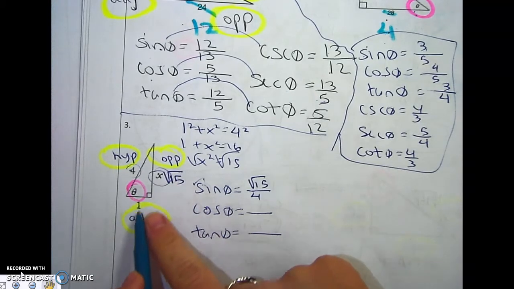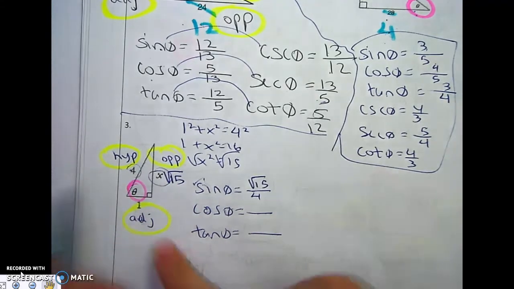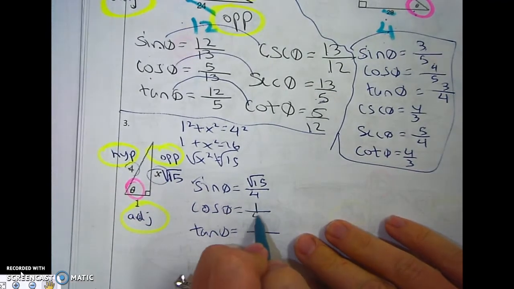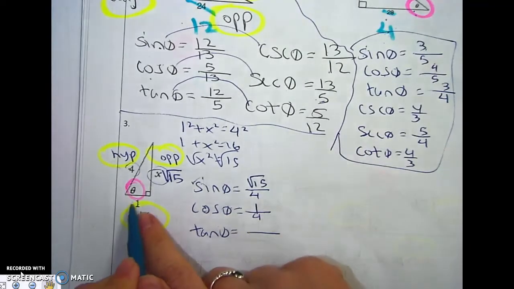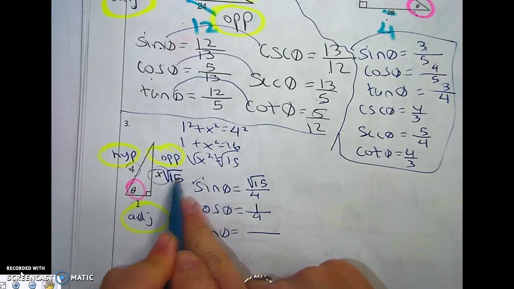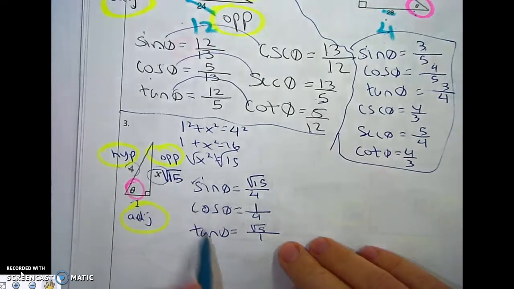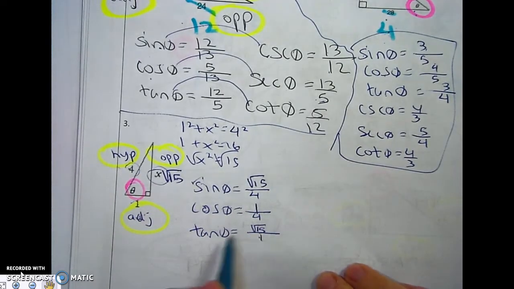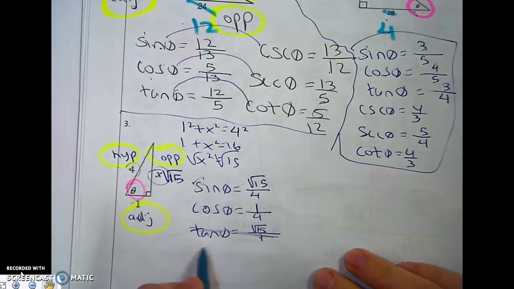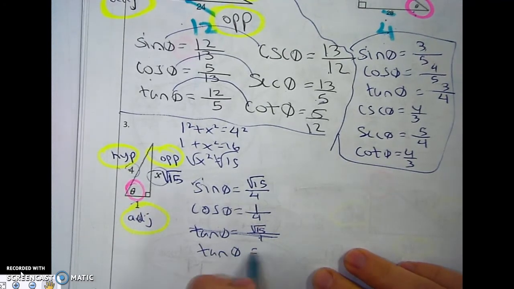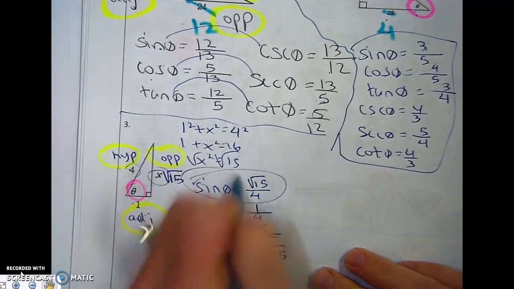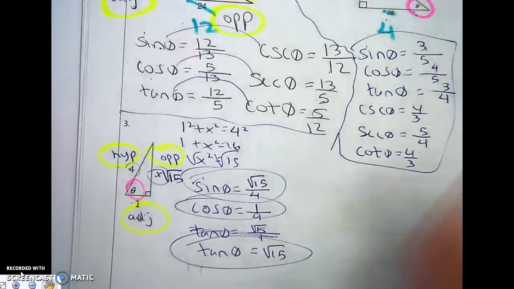Cosine is adjacent over hypotenuse, and 1/4 is still 1/4. And tangent is opposite over adjacent. Now, this one isn't going to be good because you can simplify, so this should really be just rad 15. So I have sine, I have cosine, I have tan.